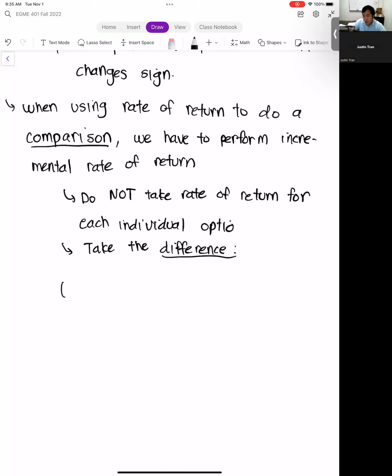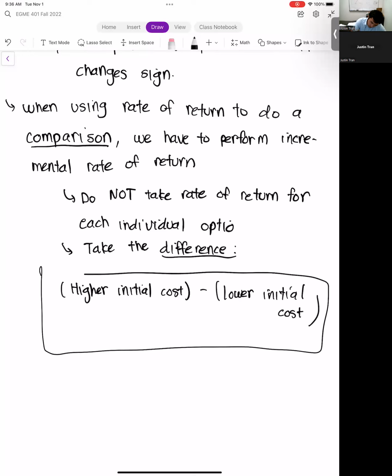And by more expensive, usually what I mean is the option with the higher initial cost. Okay. And so you're going to do this for all the cash flows. You're going to set up this difference equation for not only the initial cost, but also for the revenue, the maintenance costs, and any overhaul costs that you're going to have to do too.